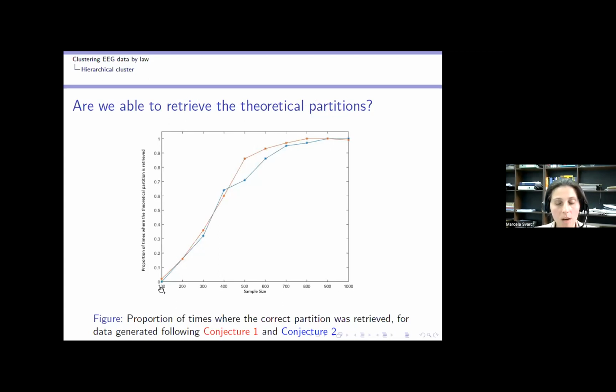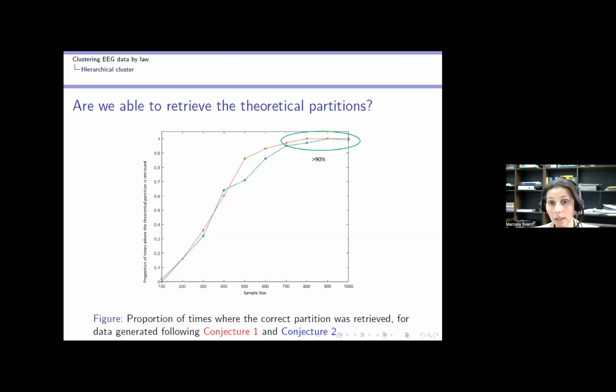So what we can see is that, as the sample size grows, the number of times that we retrieve the theoretical partitions grows really fast. In fact, when we have more than 700 sequences, we see that in more than 90% of the times, for both conjectures, we retrieve the theoretical partition.